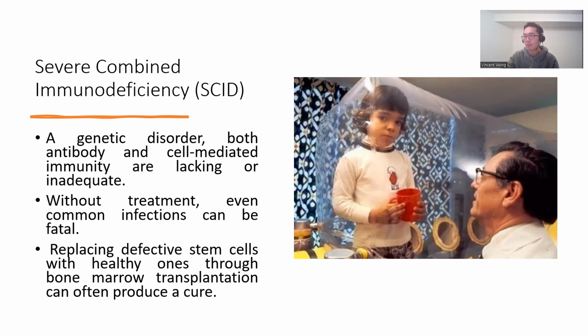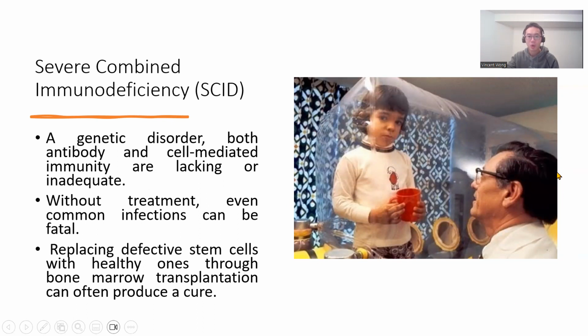Yeah, bubble boy. So very quickly, these people who are born with SCID have zero immunity. They would die just by exposure to airborne pathogens. So for the longest time, the only way to protect them was to keep them in a sterile bubble.